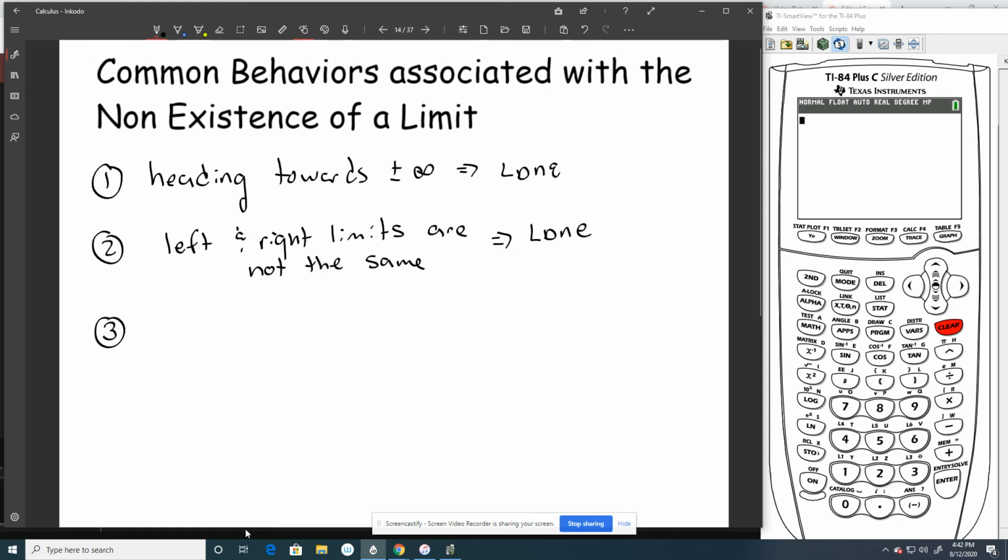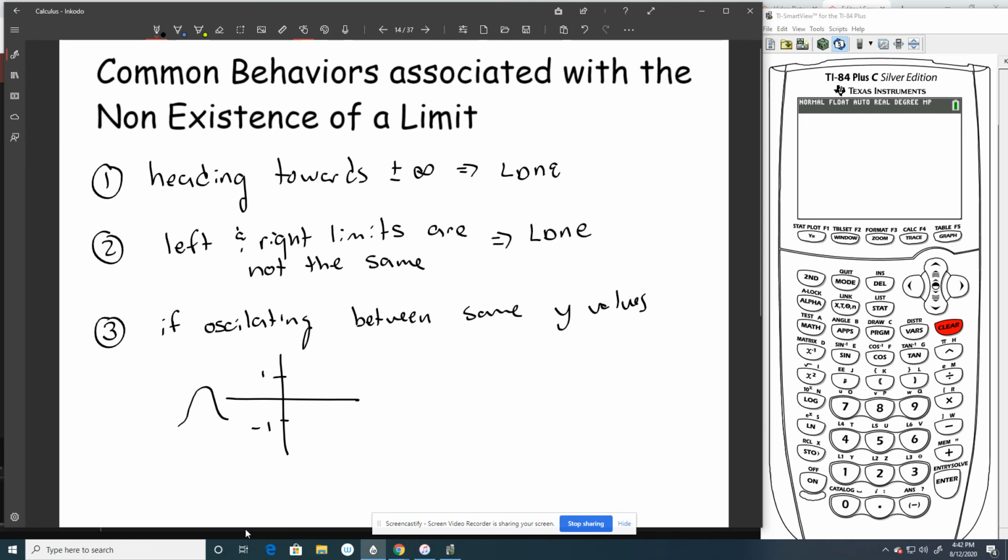And the third thing that we need to watch out for, and we haven't seen an example of this yet, we'll see a few of these when we get into more trig functions. But if the function is oscillating between the same y values, or in other words, if this was my graph, and if this was 1 and this was -1, and if my function kept going up to 1, down to -1, up to 1, down to -1, if it kept following that pattern, then my limit does not exist.